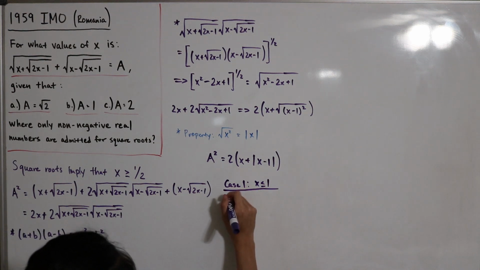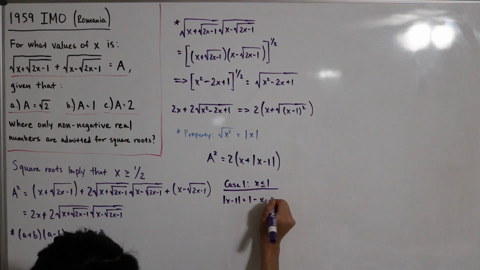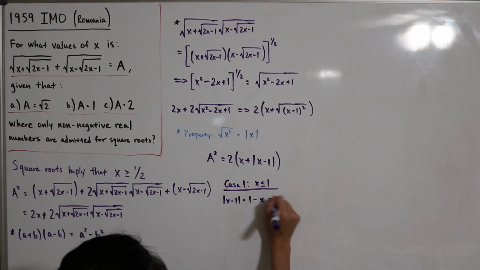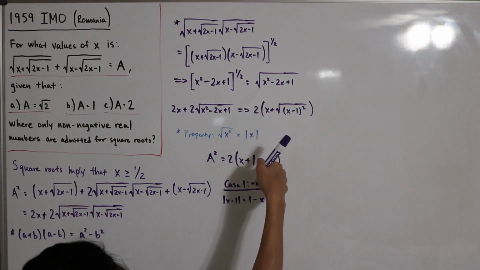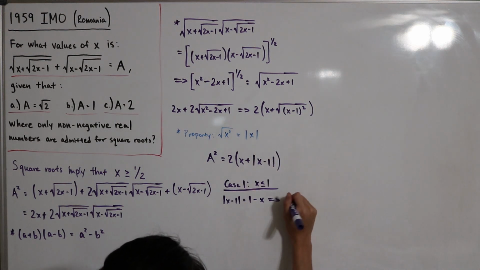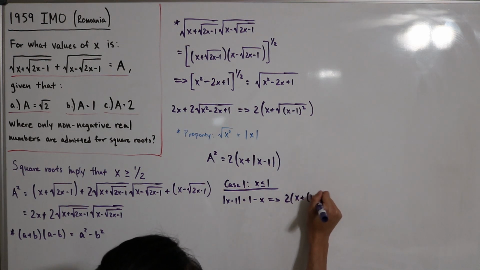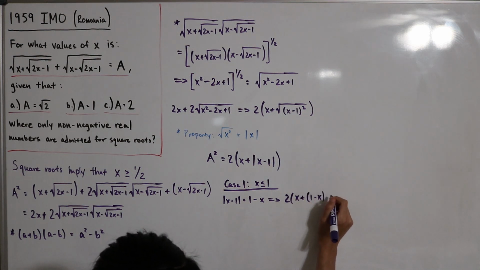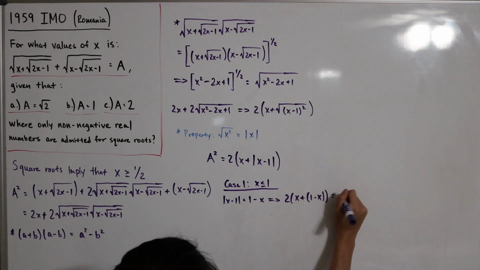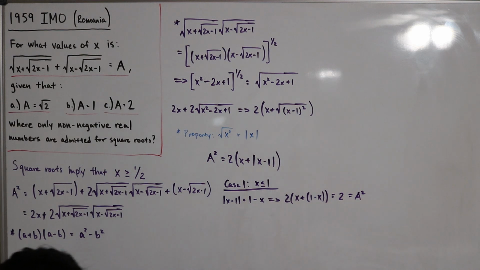That means the absolute value of x minus 1 is equal to 1 minus x, right? And if we replace the absolute value of x minus 1 with 1 minus x, then we would have 2 times x plus 1 minus x. And so that will just equal 2, and that will be equal to a squared, okay?